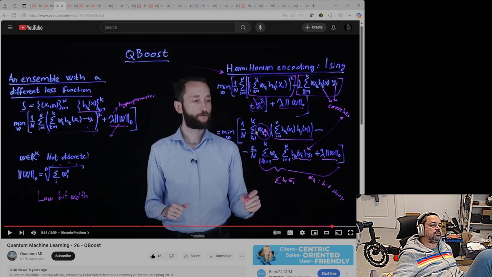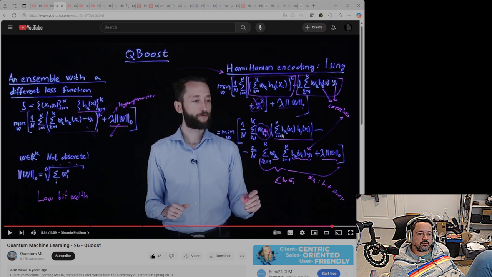So essentially using a quantum computer to improve the efficiencies as you add ensembles, which is useful for training, not for inference.